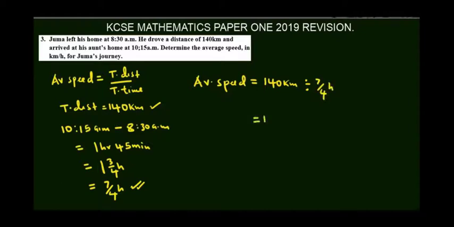So that is 140 by 4/7. That should give us 80 kilometers per hour. So that's it for that number.